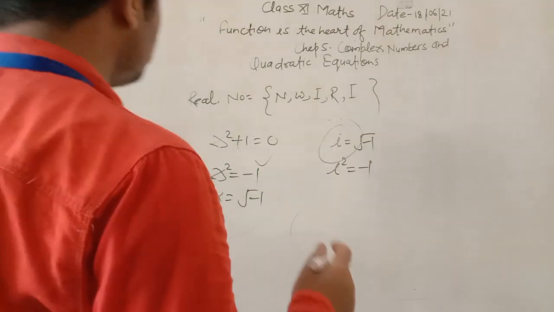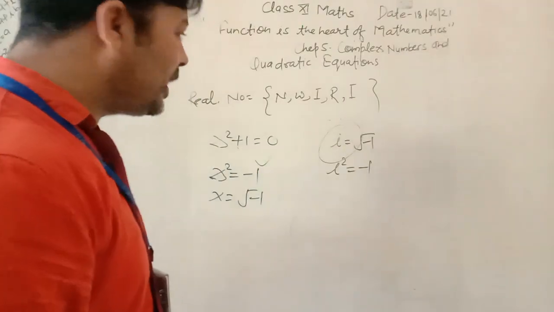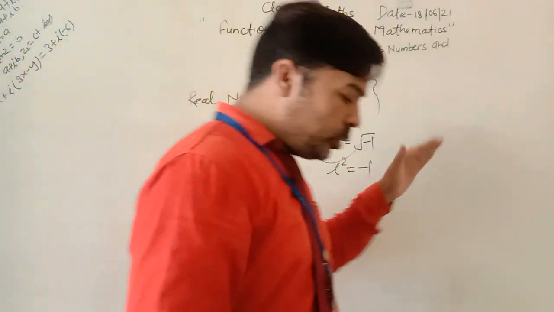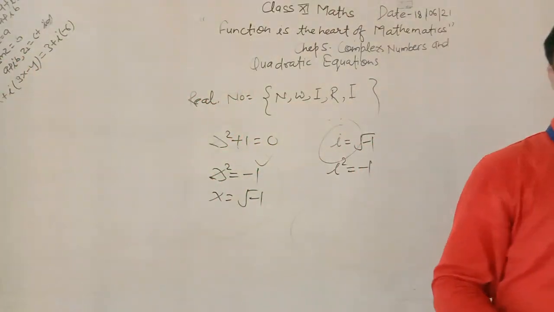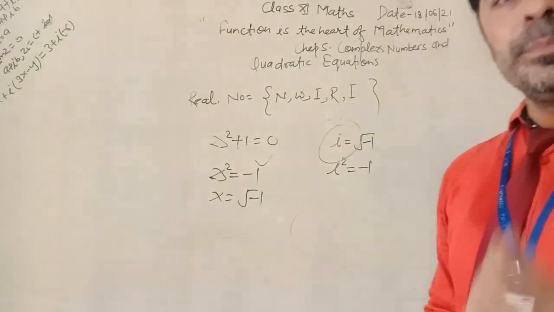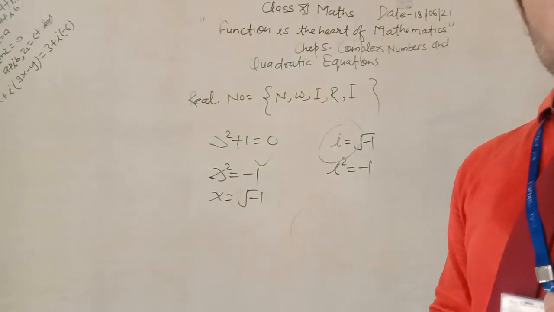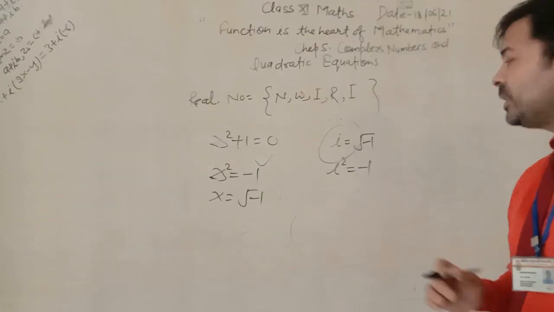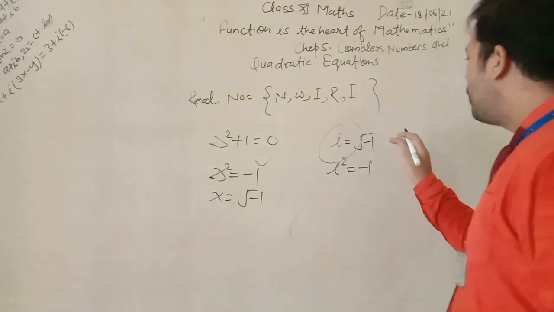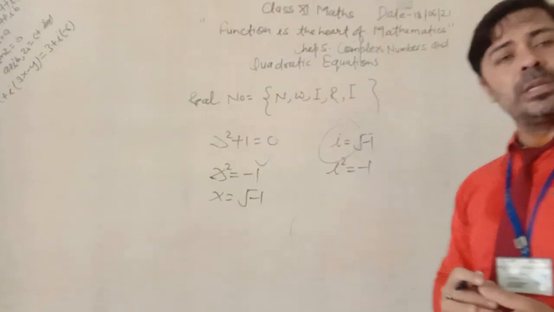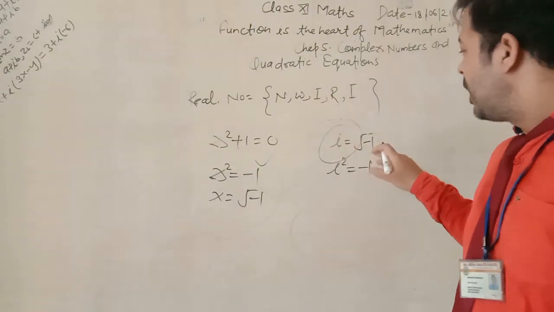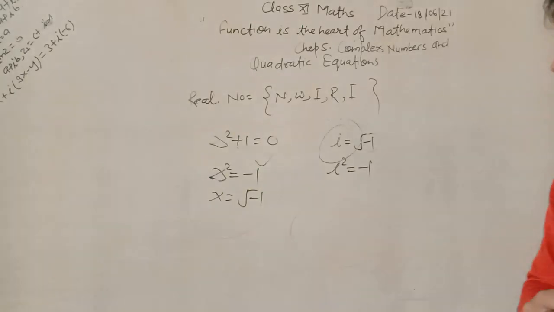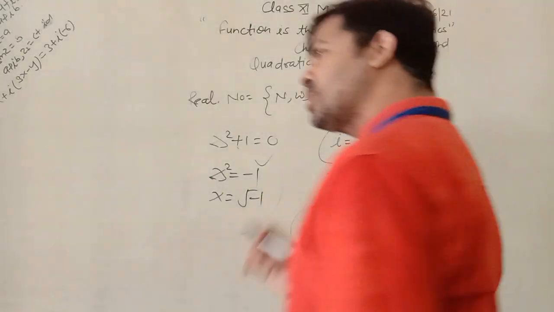So the notation of a complex number is this: if you are given the root of any negative number, then you have to put i square in the place of minus 1.